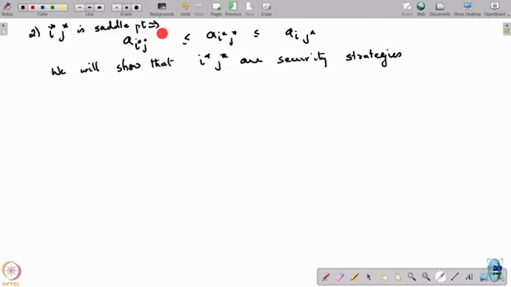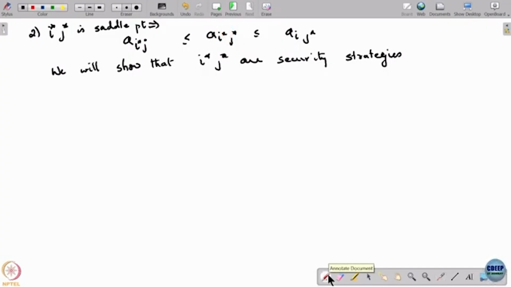We are not really using the fact that these two hold simultaneously. This is just saying that each player is responding with his best reply. But that they end up giving the same value is not actually being used here.